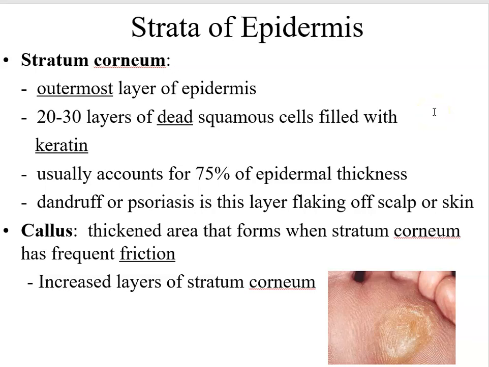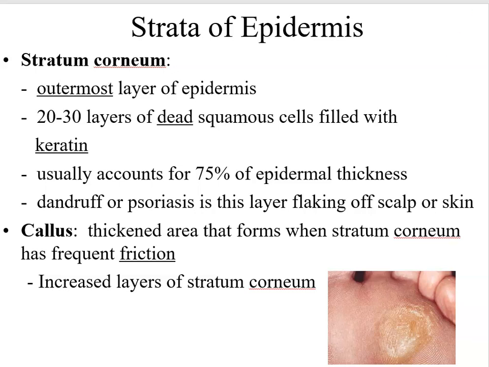They overlay each other like scales with lipids surrounding the cells that adds more waterproofing and extra protection. And these cells are continually being lost to the environment. We're always losing these cells to the point that we lose about 1 kilogram of dead epithelial cells every year.